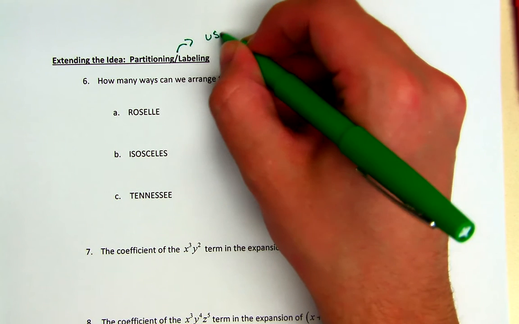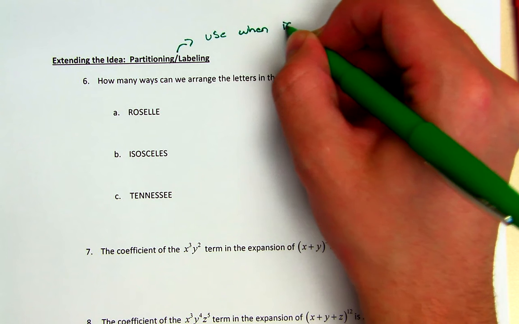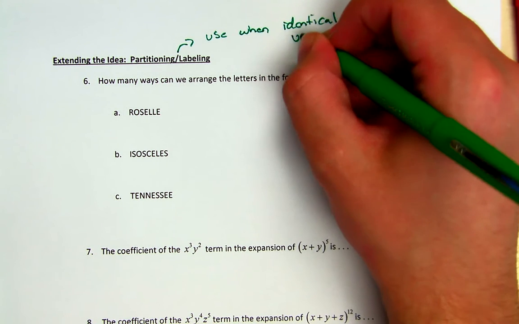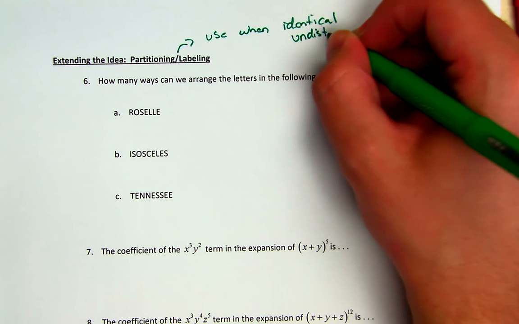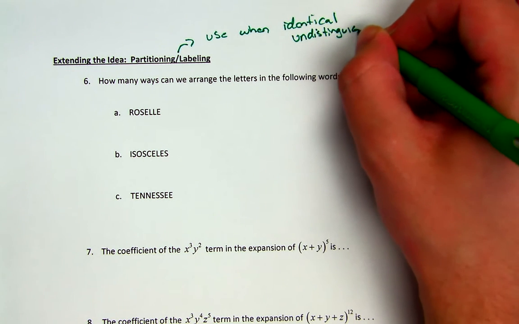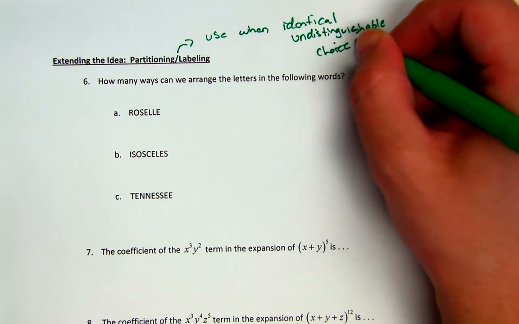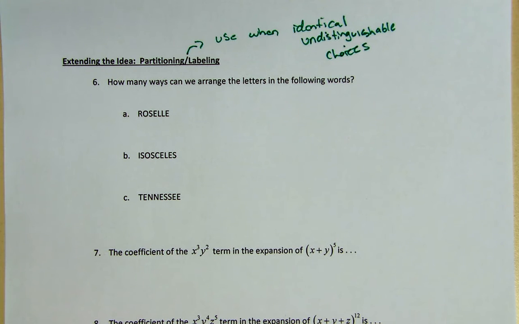Use it when you have identical or undistinguishable choices. So basically that means like if things repeat, or if it says you have 6 undistinguishable floats and you have 10 cars that are all the same model, something like that, you're going to use this idea.